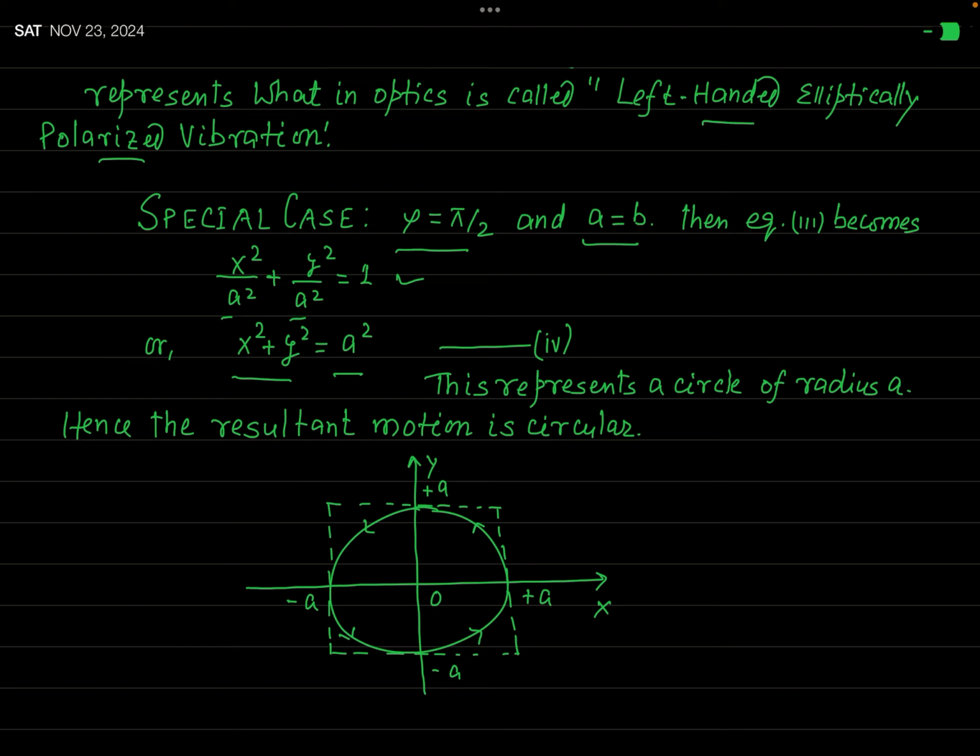Again, this is the well-known equation of a circle whose radius is a, and the center of the circle is at the origin of the coordinate system, as you can see in this figure.